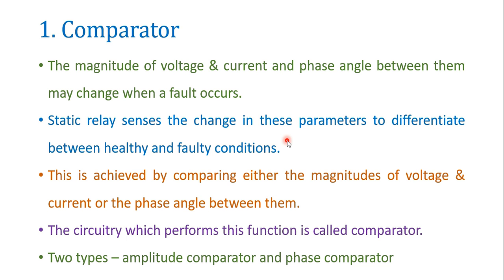This is achieved by comparing either the magnitude of voltage or current or the phase angle between them. The circuit which performs this comparison during normal and faulty conditions is called a comparator. There are mainly two types of comparators, amplitude comparator and phase comparator.